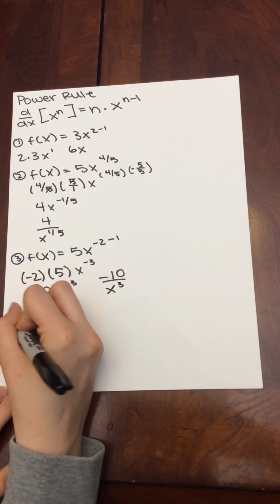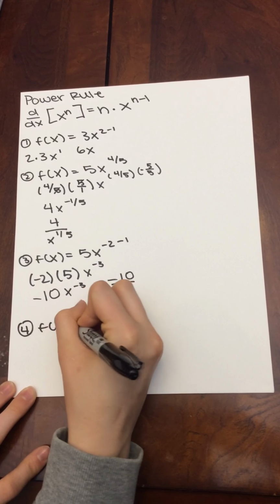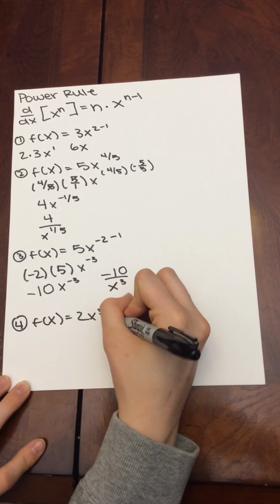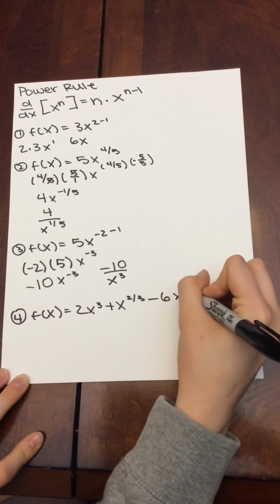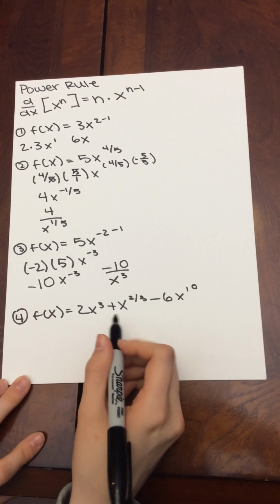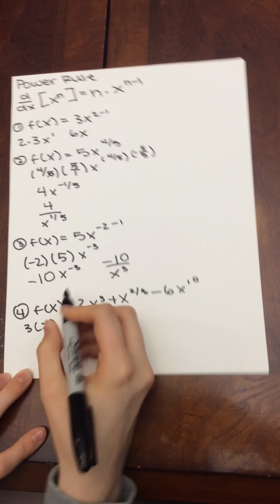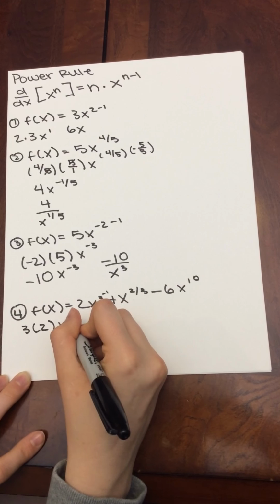So for number 4, it's f(x) equals 2x^3 plus x^(2/3) minus 6x to the power of 10. So this is going to be our more difficult one. So for the first one, you do the same thing. You do 3 times 2 and then x, and then 3 minus 1 is 2.